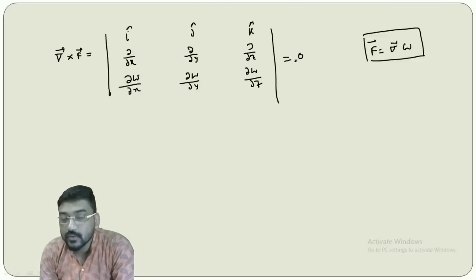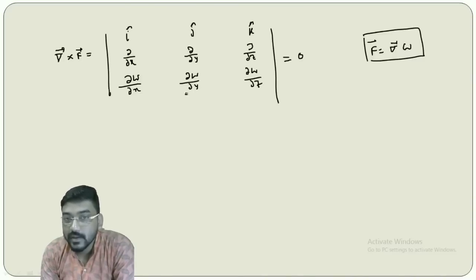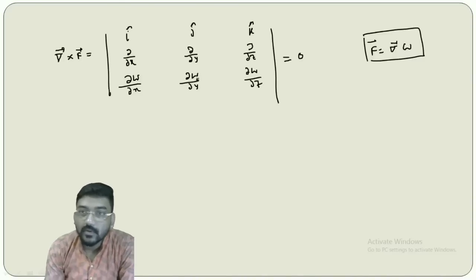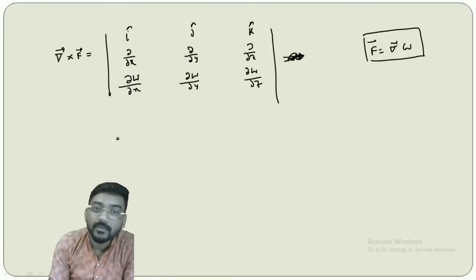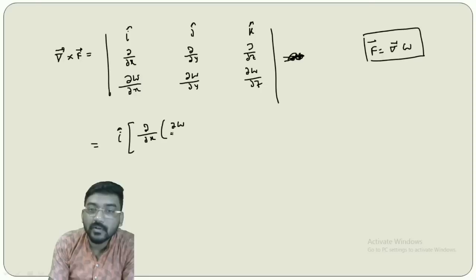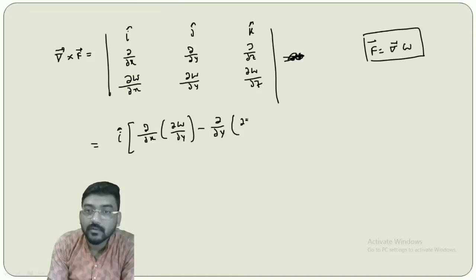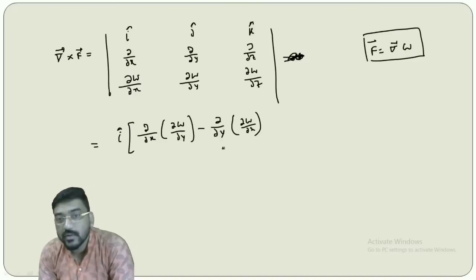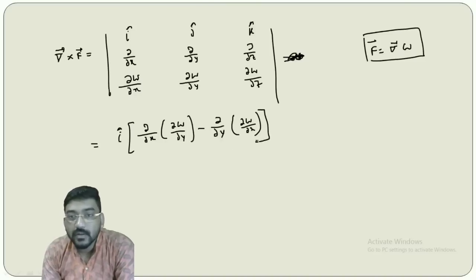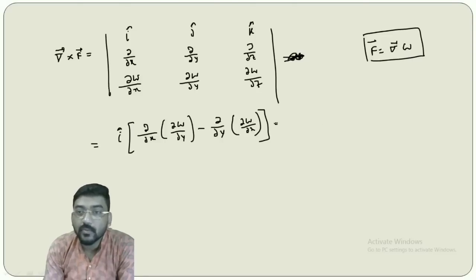To do this, we have assumed that the second order differentiation of W does not depend on the order of x and y, because we have the i component as del del x of del W del y minus del del y of del W del x. Similarly, we can find the j and k components also.